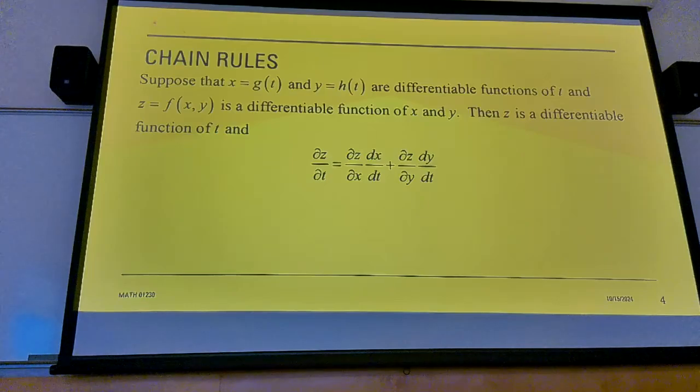But why stop there? Why not say that x and y are both functions of two independent variables?